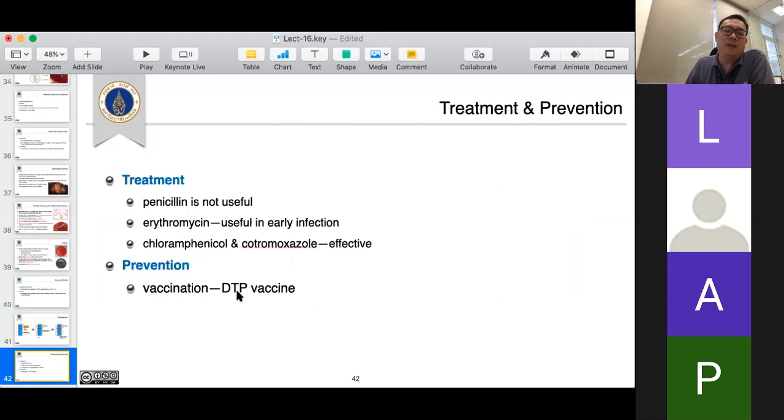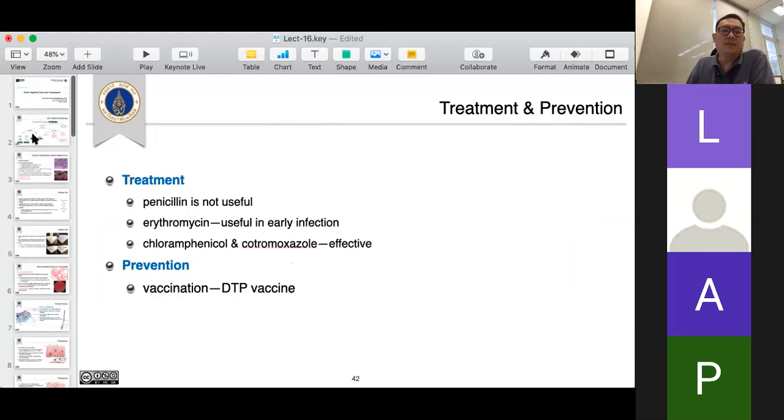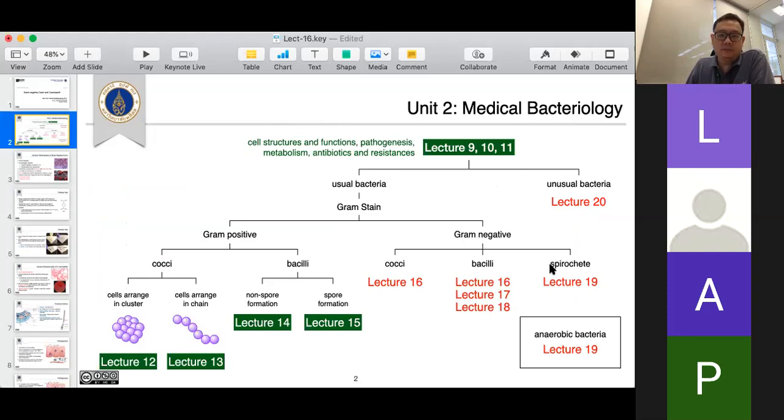This is the last one in the combination: diphtheria, tetanus, and pertussis. Okay, I think that's it for gram-negative cocci and coccobacilli. Okay. So, do you have anything to ask?